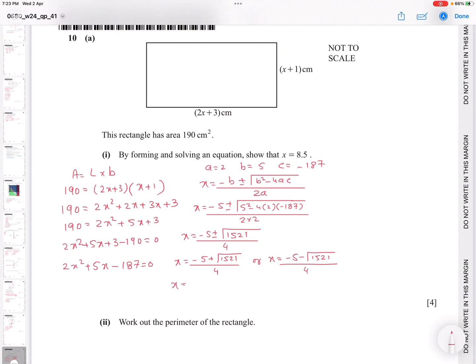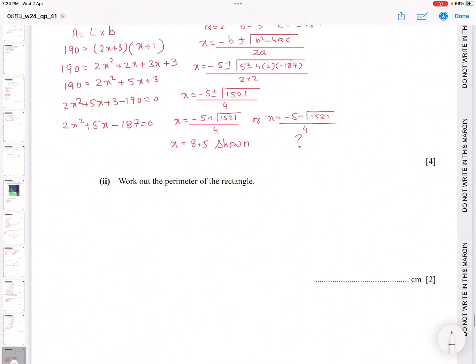So this side will give us 8.5 and we can write shown. No need to do this one. Leave it, because we had to show x equals 8.5. This side would definitely be negative.